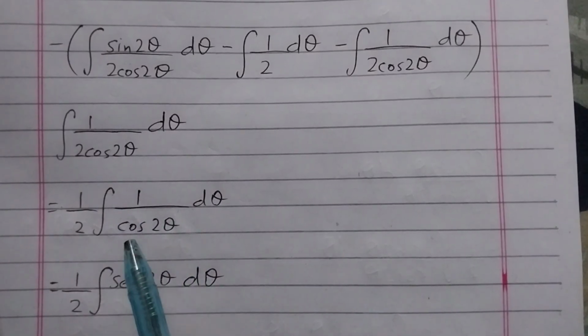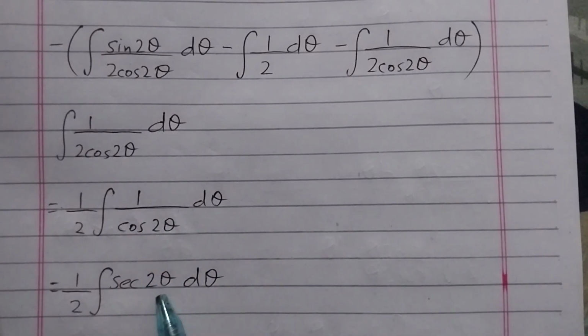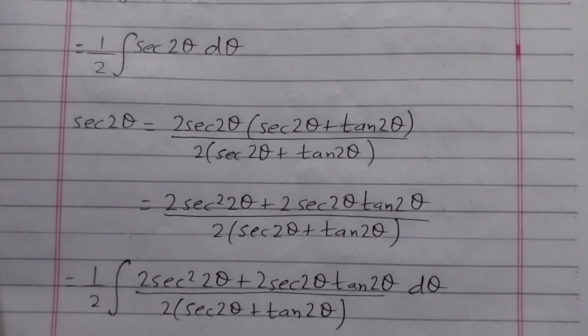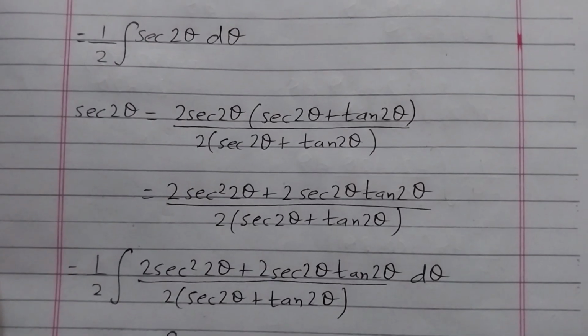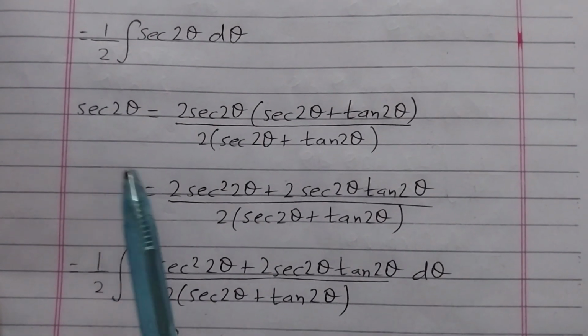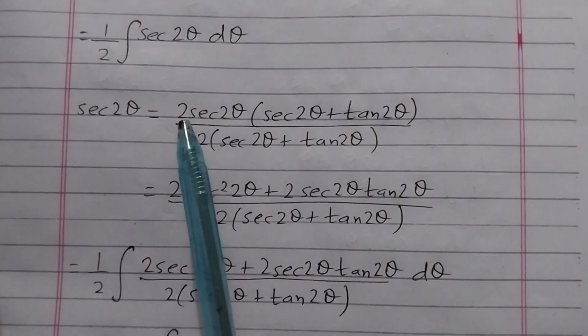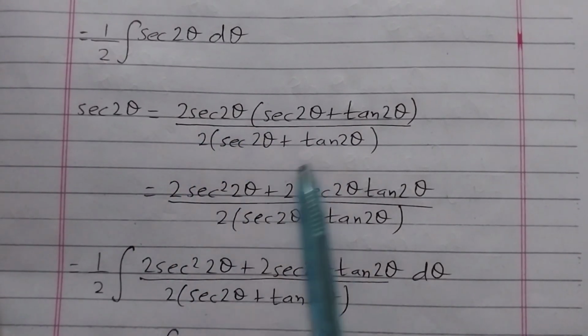So here we have cos 2 theta, so it will be secant 2 theta, and we are integrating this with respect to theta. I have written secant 2 theta in the form of this fraction.